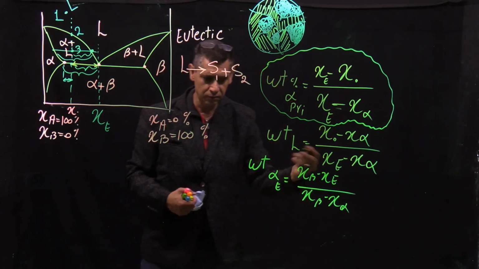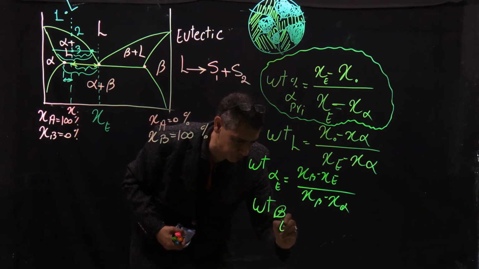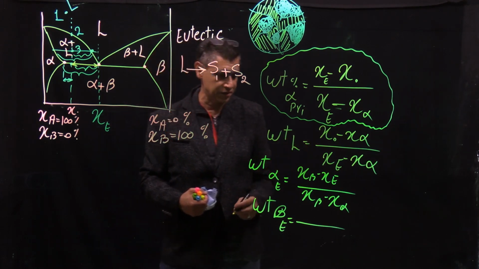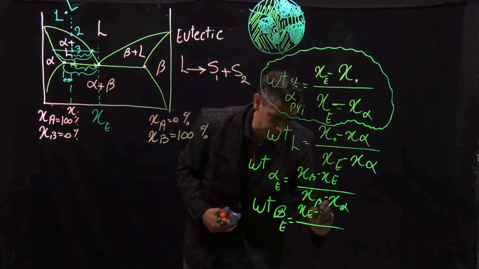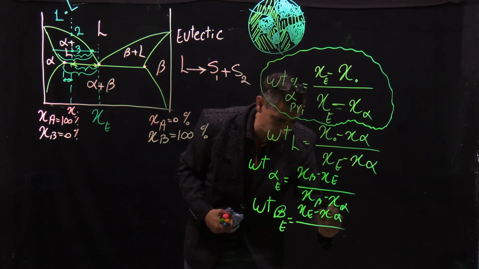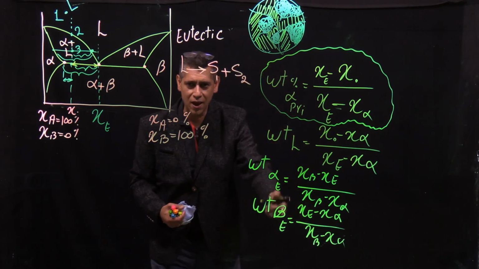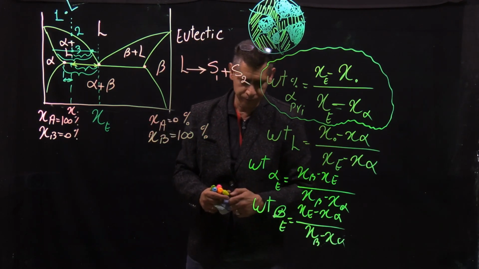The amount of the beta, weight percent beta eutectic, is equal to 1 minus this, which is obviously equal to xe minus x alpha over x beta minus x alpha. Again, you add them together, the total value would be 1.